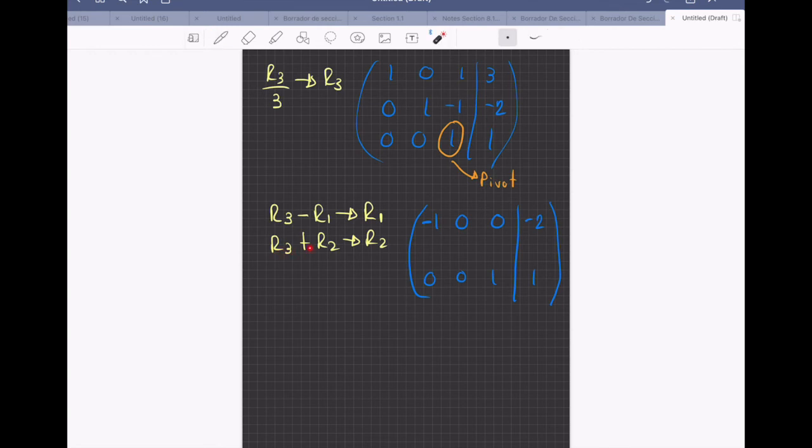Now this operation, row 3 plus row 2 will replace row 2. Row 3 plus row 2, 0 plus 0, 0. 0 plus 1, 1. 1 plus negative 1, 1 minus 1 is 0.